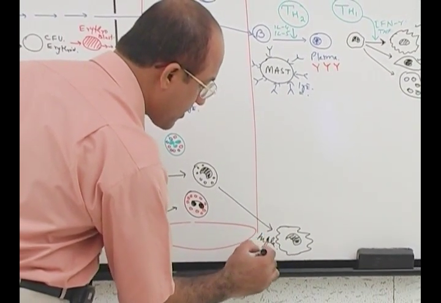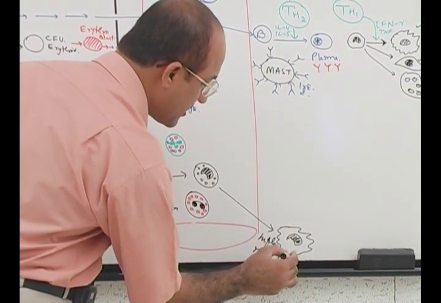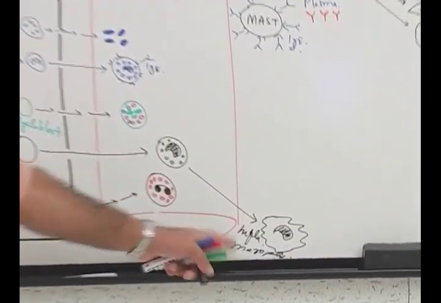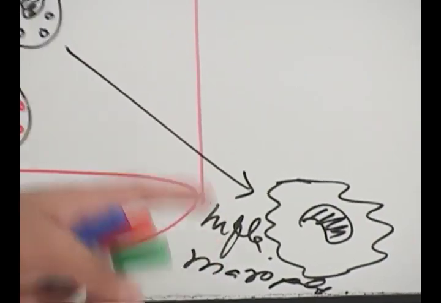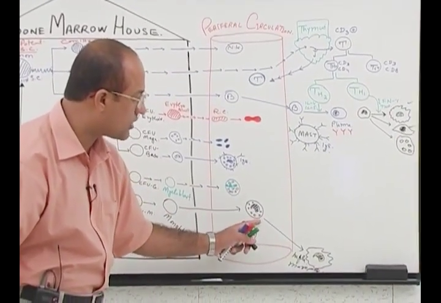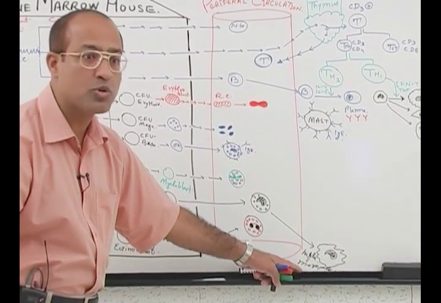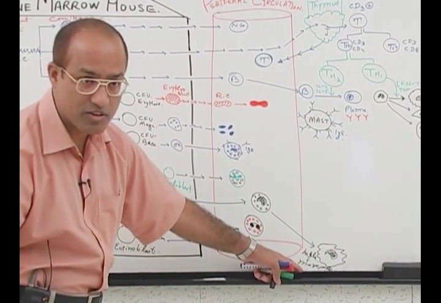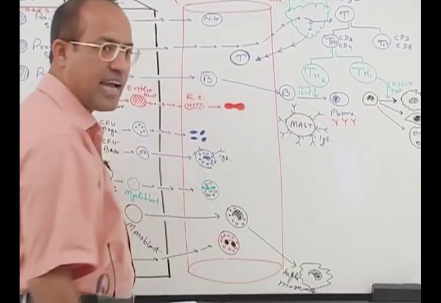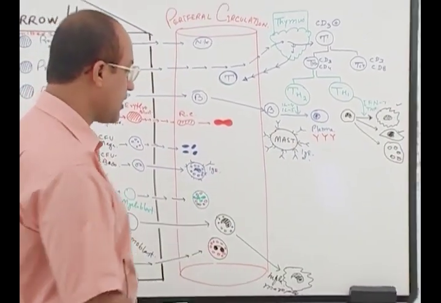What are inflammatory macrophages? These are the monocytes which are shifted from the circulation to the tissue during the inflammatory process. Is that right? But some monocytes shift to the tissues as macrophages under physiological conditions.